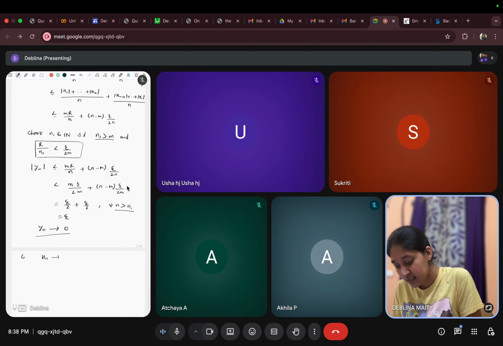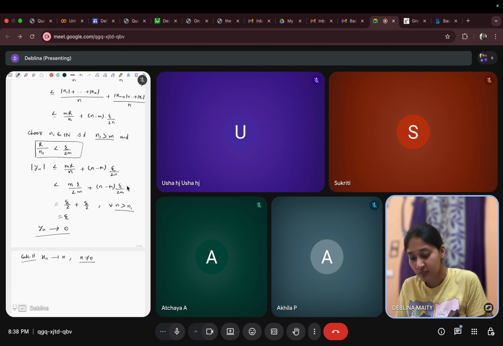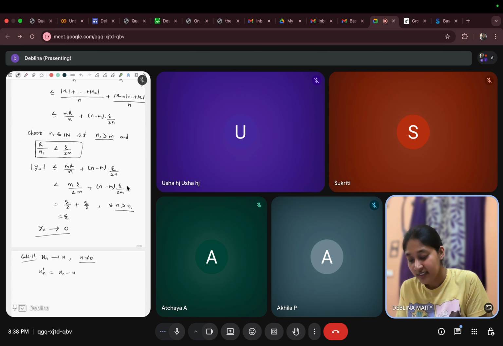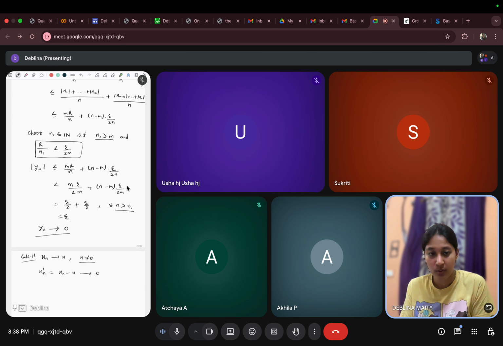Now if xn converges to x, which is not 0, we take another sequence, xn minus x, then xn dash converges to 0.